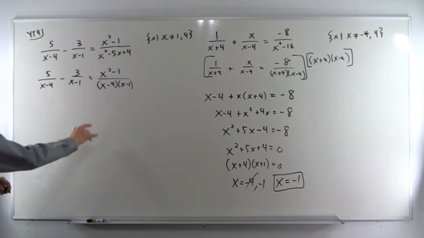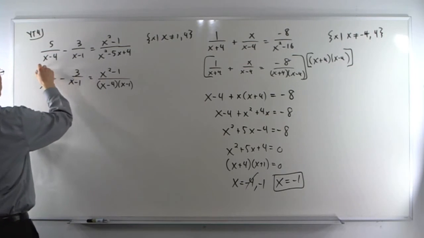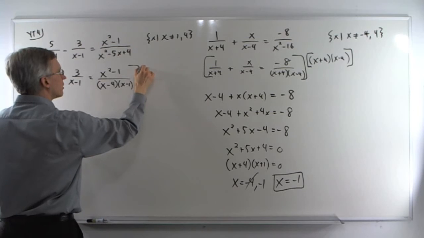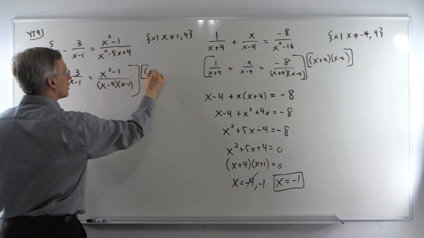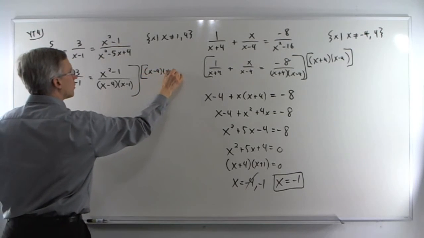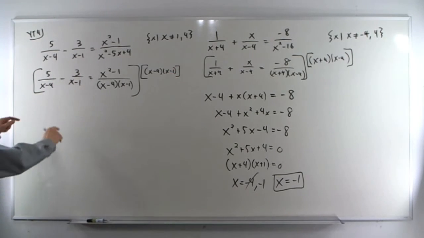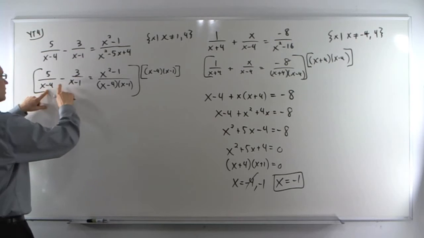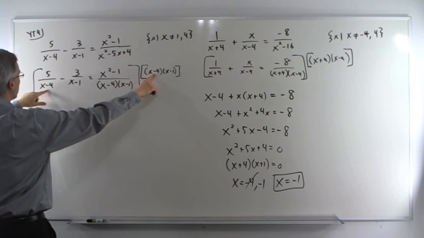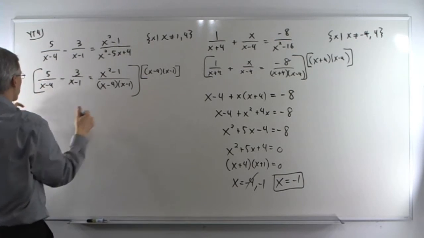Now the LCD, we have two unique binomials. First power is the highest power, so we'll multiply the entire equation by x minus 4, x minus 1. All right, over here, first fraction, x minus 4's cancel, leaving 5 times x minus 1.